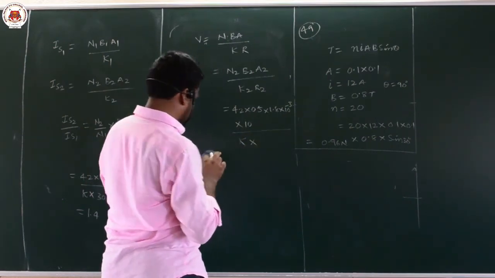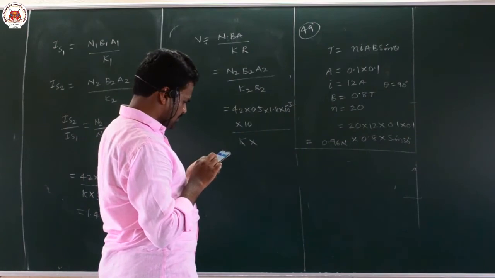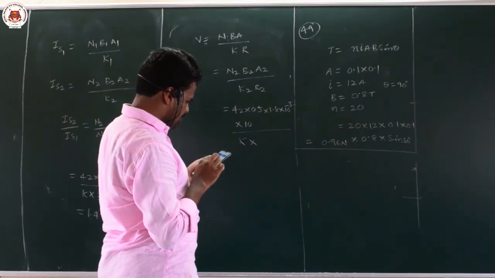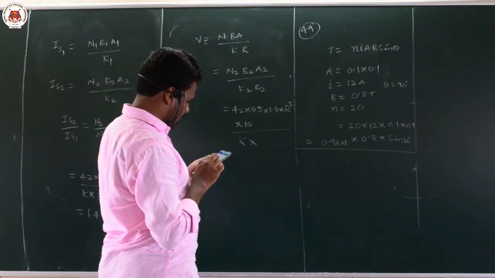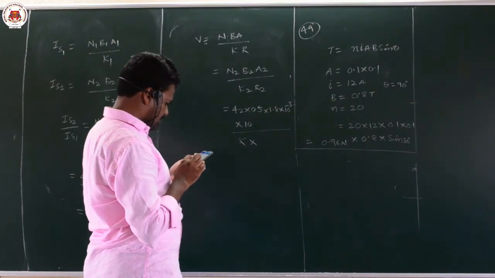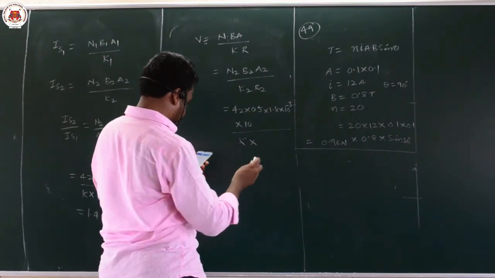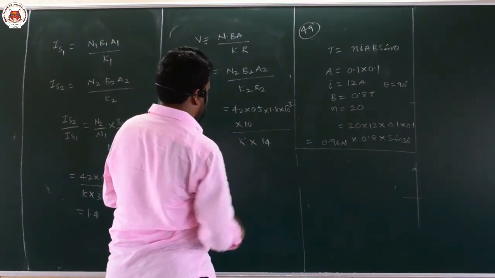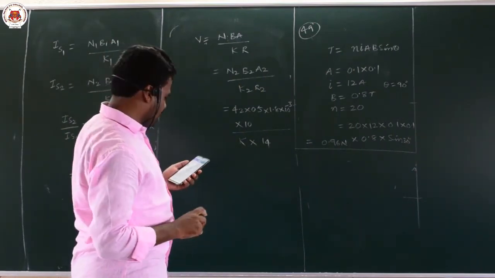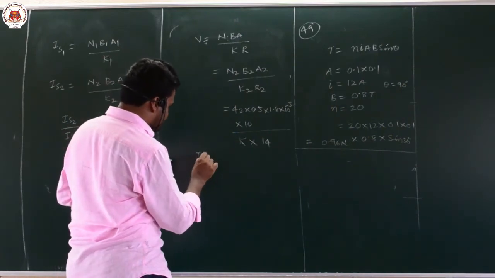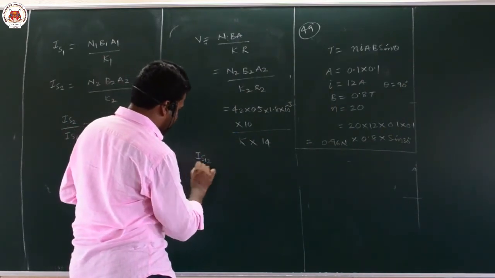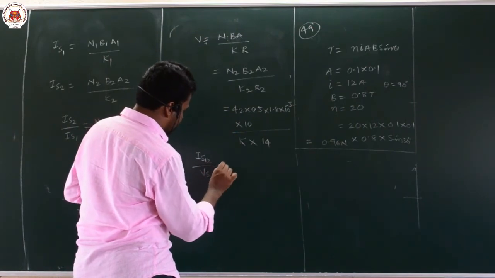Take the resistance value. Resistance value is given as 14. You take the resistance value, then you will get voltage sensitivity. After getting voltage sensitivity, current sensitivity divided by voltage sensitivity, that is the answer.